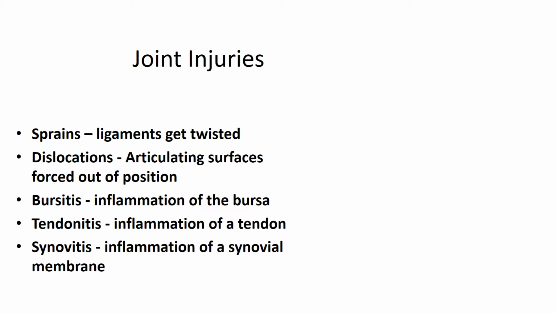Now, there's various types of joint injuries that you should be familiar with. We already discussed dislocations, but sprains are another type of common joint injury. A sprain is where you stretch or tear a ligament across the joint capsule. Bursitis, tendinitis, and synovitis all refer to inflammation, whether it's inflammation of the bursa, of a tendon, or of the synovial membrane.